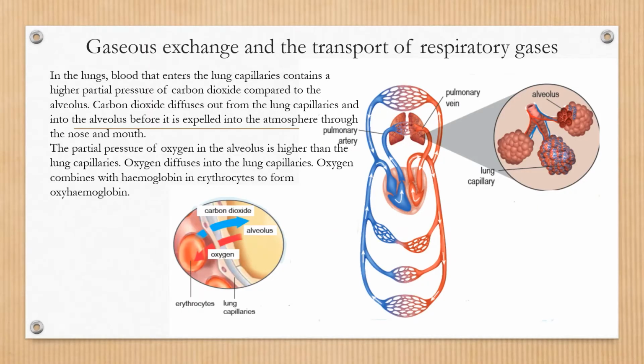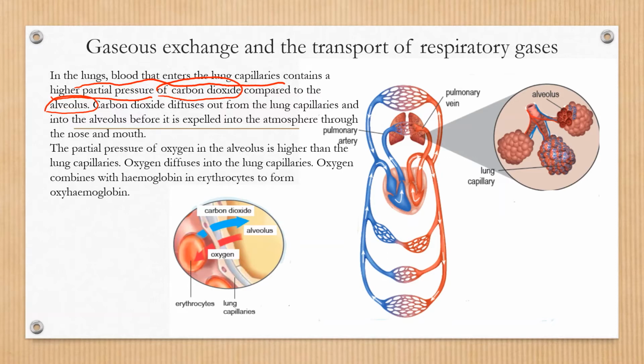Now, we look at the gases exchange and the transport of respiratory gases in humans. So we start in the lung. In the lung, the blood that enters the lung capillary contains a higher partial pressure of carbon dioxide compared to the partial pressure of carbon dioxide in the alveolus.